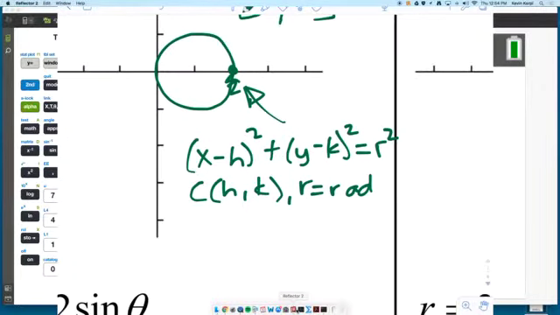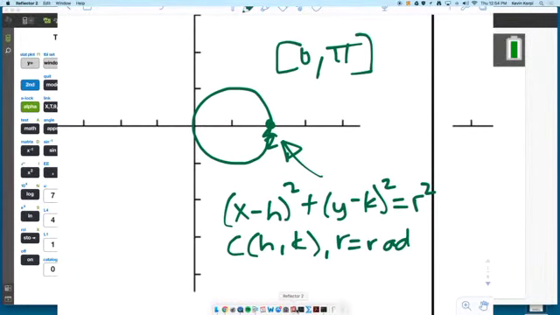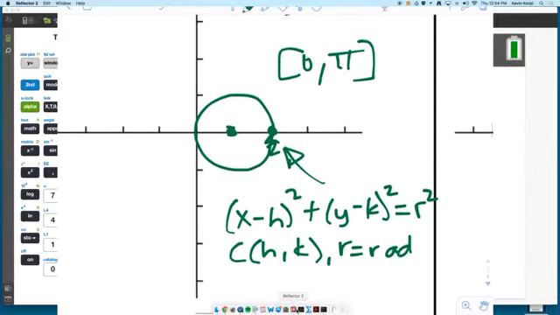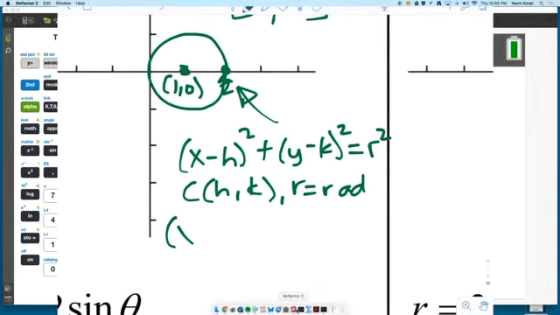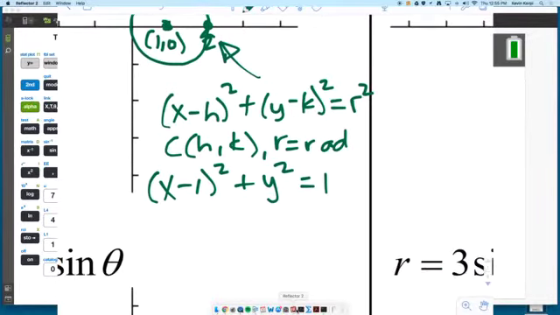Wow. So what would that be? What's our center over here on this one? If the diameter is 2, the center is at 1, 0, right? So the equation would be x minus 1 squared plus y minus 0, or y squared. And what would the radius be if the diameter is 2? 1. So that would be 1 squared. So if I were to solve that for y, first of all, it would require 2 equations, yeah?